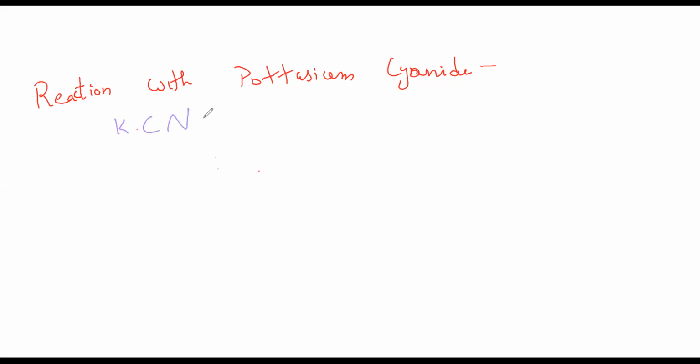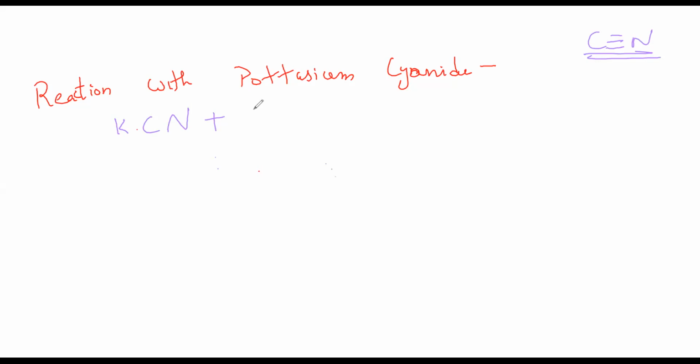The next one, reaction with potassium cyanide. That is nothing but KCN. Potassium K, cyanide CN. CN is C triple bond N. Just for information, I'm telling you.